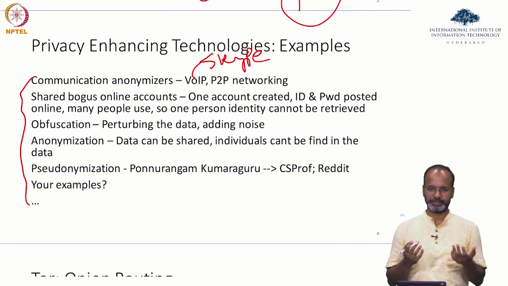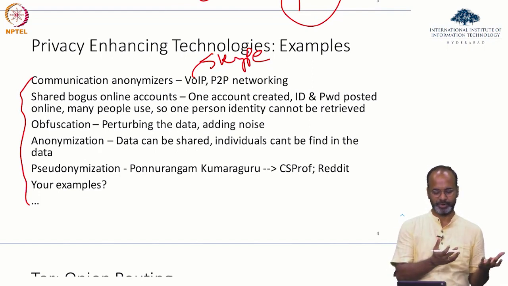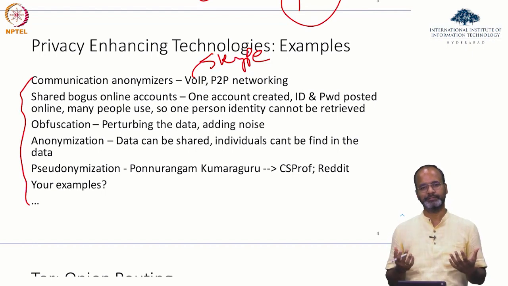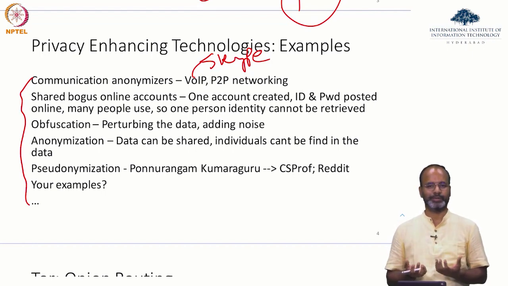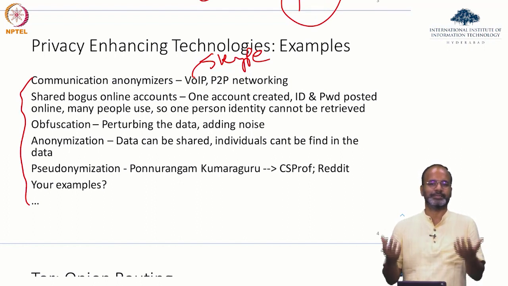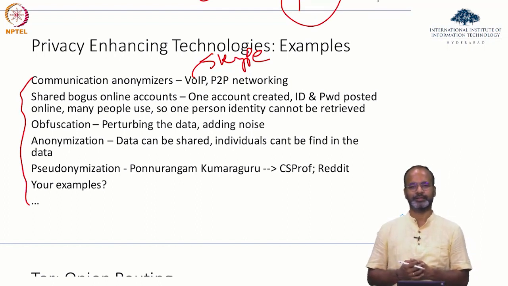Obfuscation, by the word itself, means just add some noise. By adding some noise in the data that you have, for example while you're browsing, can you make the browser do some activity by which the service that you're using thinks that it's not just you doing it, somebody else is doing that activity?